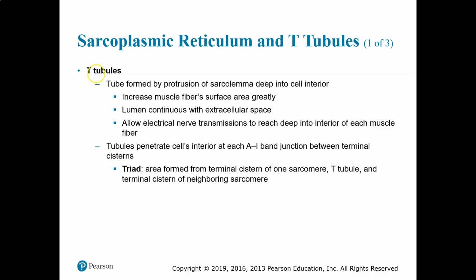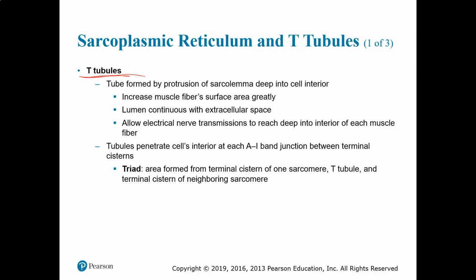T-tubules are formed from the sarcolemma. So basically the sarcolemma protrudes deep into the interior of the cell, and it allows nerve transmission to reach deep into each muscle fiber.